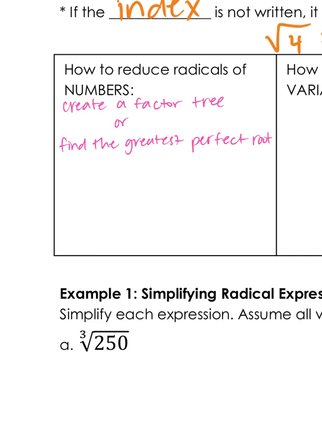because if we are dealing with the cubed root or the fourth root, then we want to find a perfect cube or a perfect fourth. So find the greatest perfect root that goes into the radicand perfectly. And remember, the radicand is underneath the radical sign.